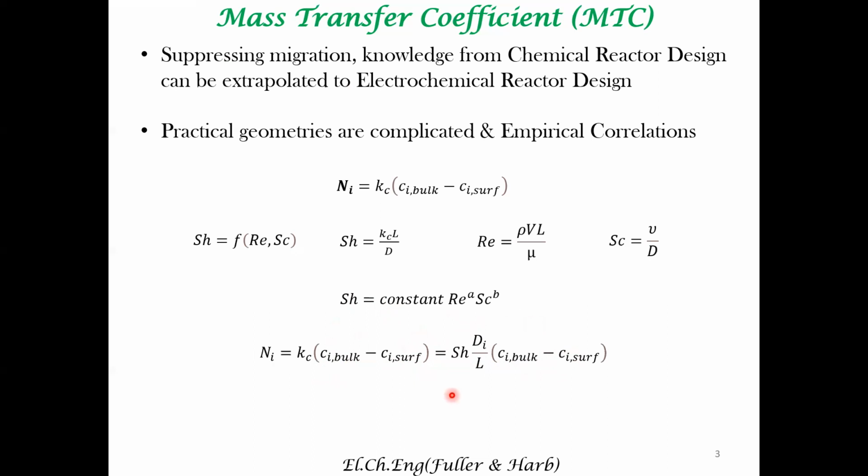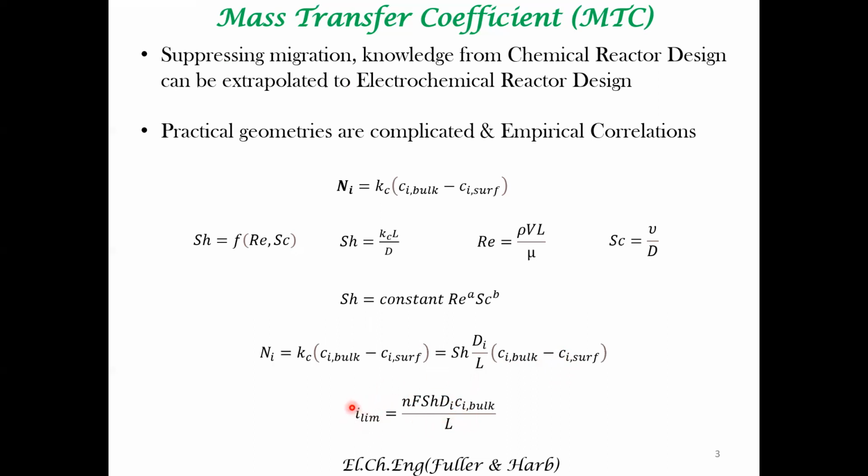Often, what we are interested in is running the reactor at limiting current densities. At limiting current densities, the concentration of the relevant species at the surface of the electrode is 0. Therefore, the current equation reduces to this.